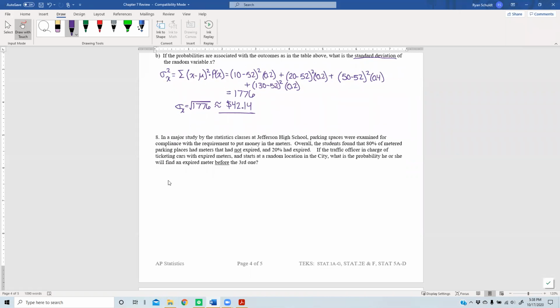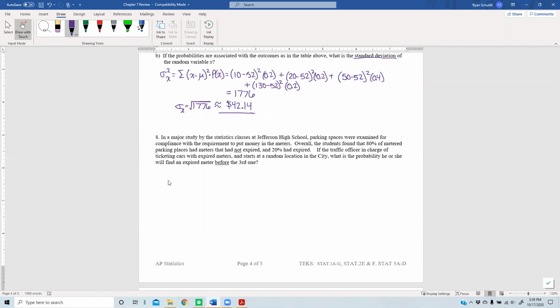Okay, number 8. In a major study about a statistics class at Jefferson High, parking spaces were examined for compliance with the requirements to put money in the meters. Overall, students found that 80% of metered parking places had meters that had not expired, and 20% had expired.